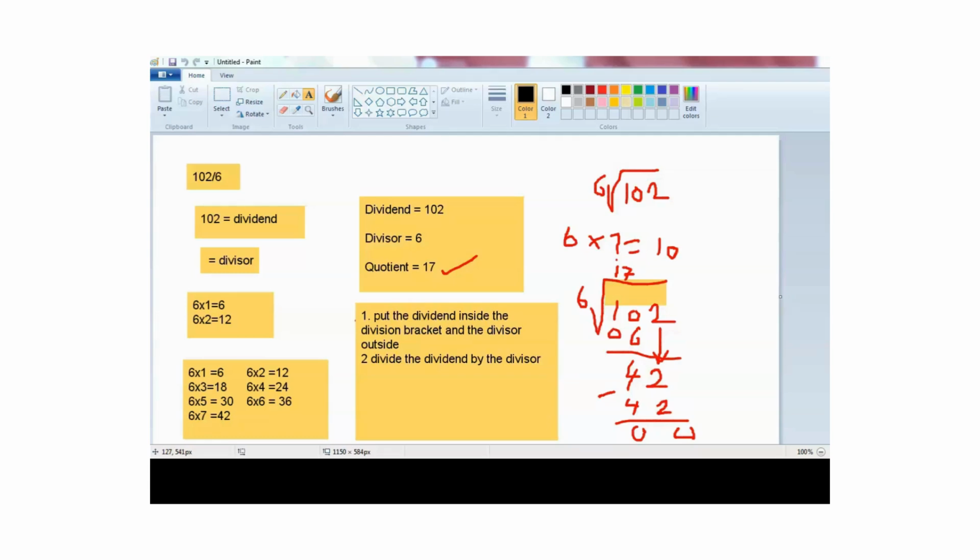Thirdly, put the result on the overbar. This is the quotient.